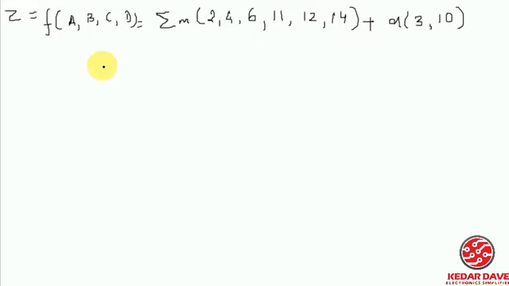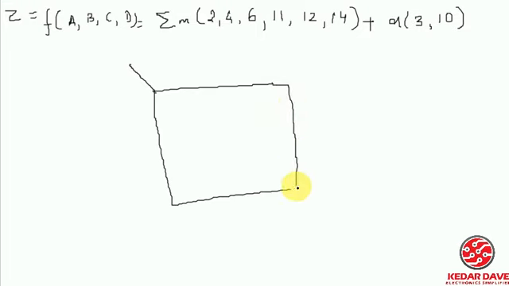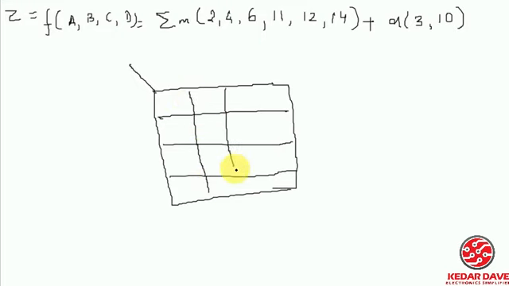So let's make a Karnaugh map. We are writing A, B and C, D over here, and we are putting the don't care conditions into the places of the don't cares.